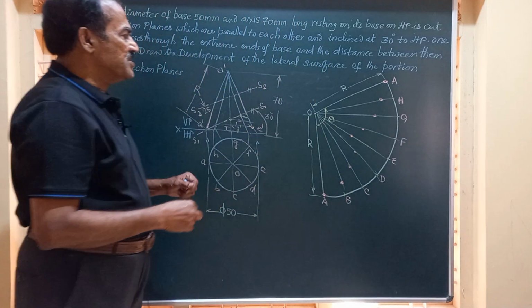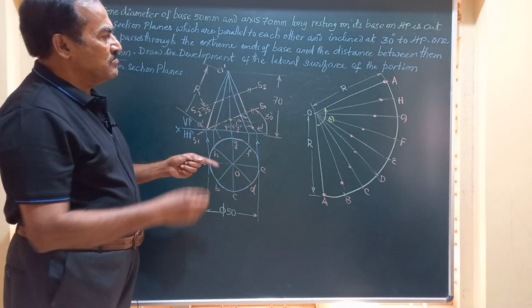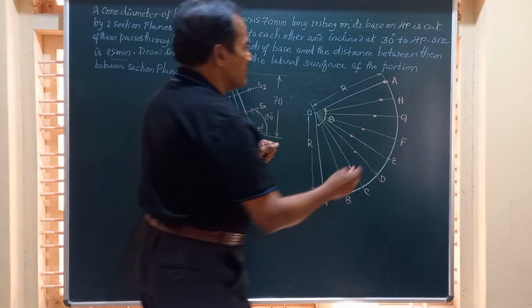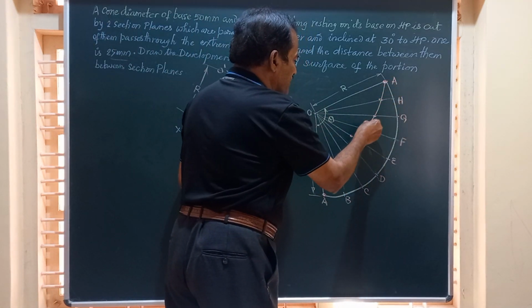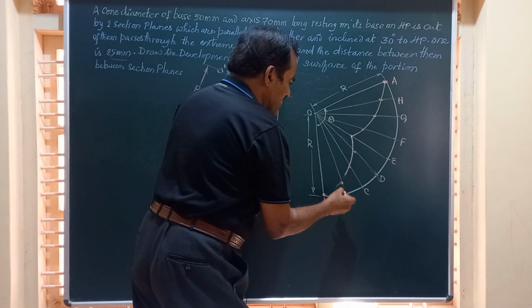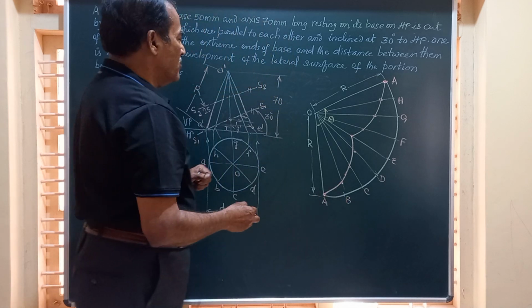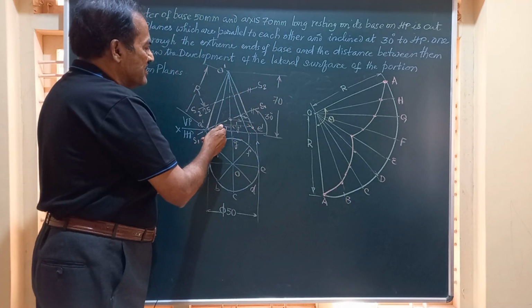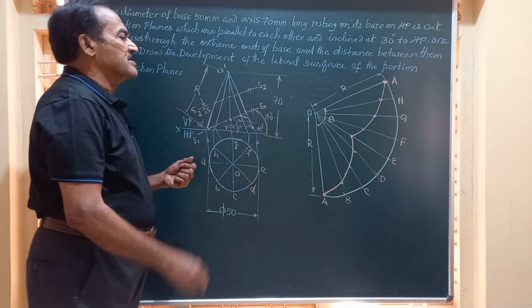So let us join the points obtained by this section plane by a smooth continuous curve. So friends, I am going to join like this. It has to be joined by a continuous smooth curve without any break in between. This is how the section plane is cutting the solid.